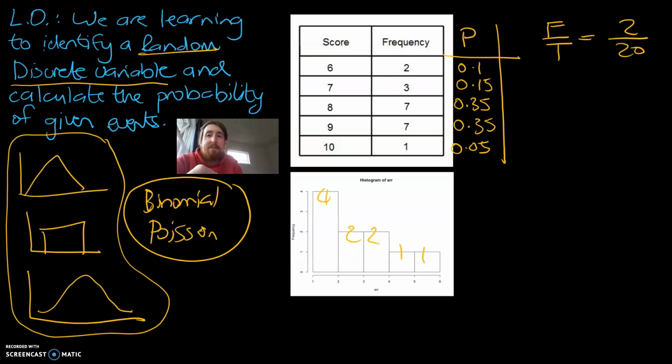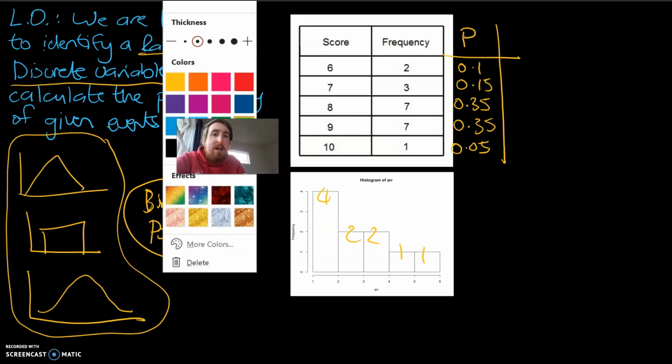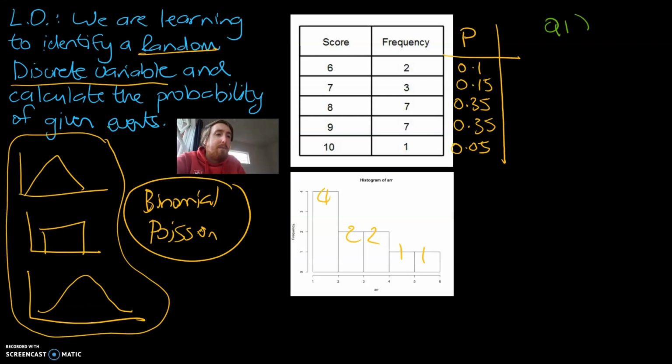From this probability that we have, we can then use that to calculate the probability of certain questions. So let's change the pen color. We'll go into green. Question 1, what is the probability that someone got exactly 8? This is an exact question, just like binomial and percent distributions. For us, the probability of getting exactly 8 was 7 out of the 20 students, which we've already figured out to be 0.35. So that's a straightforward one.